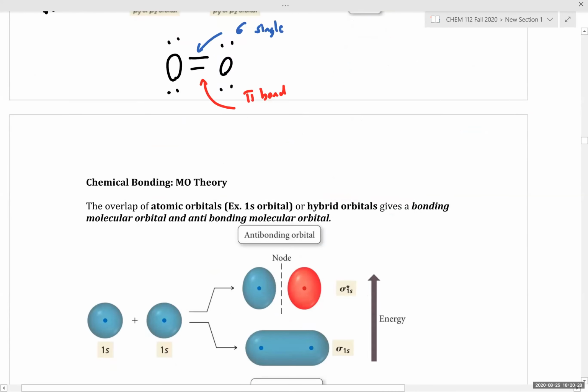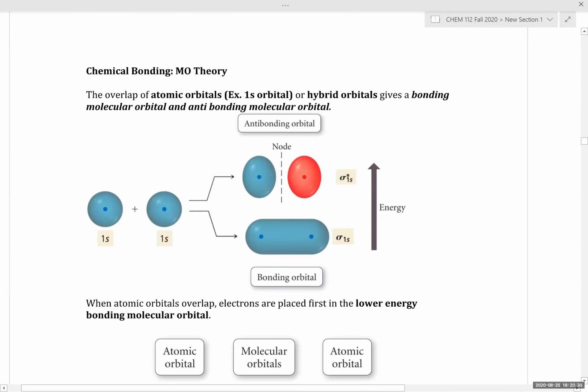So to continue on, let's now introduce this idea of molecular orbital theory. A central tenet in molecular orbital theory is the idea that the overlap of atomic orbitals or hybrid orbitals will yield a bonding molecular orbital and an anti-bonding molecular orbital.